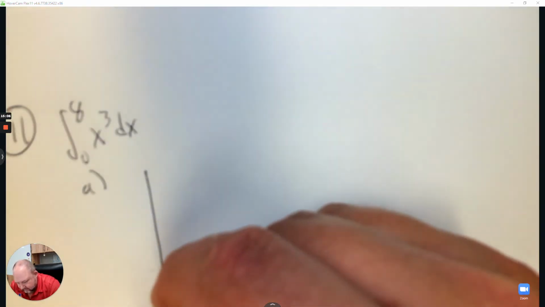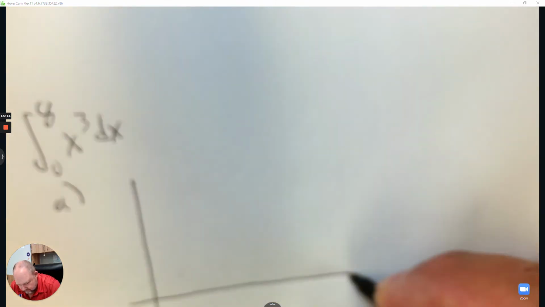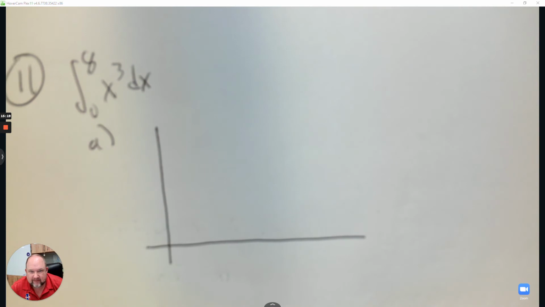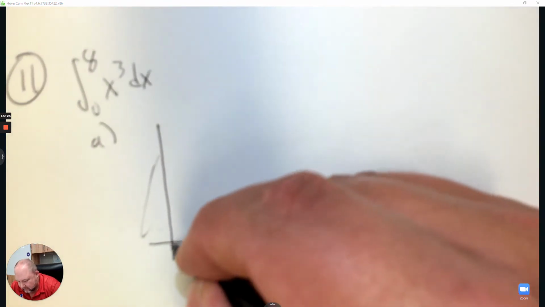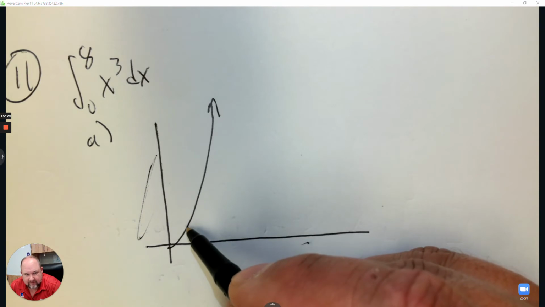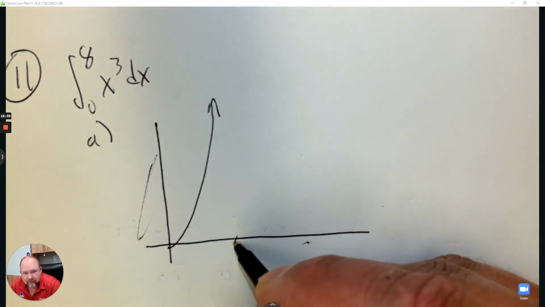If I sketch the graph here, I mean 8 cubed, it's a big number. I don't want to go 8 times 8 times 8, so I'm not going to worry about the graph. I'm just going to worry about the setup of it. So I have a sense of what it looks like, and of the bounds here. It goes from 0 to 8.